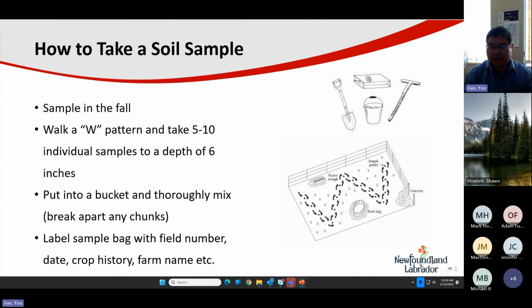But sod farmers may only need to go to a depth of 3 inches, because with sod the roots mainly concentrate in the very top layer. Put the samples in a bucket and thoroughly break apart any chunks, and label the sample bag with field number, date, crop history, farm name, etc.